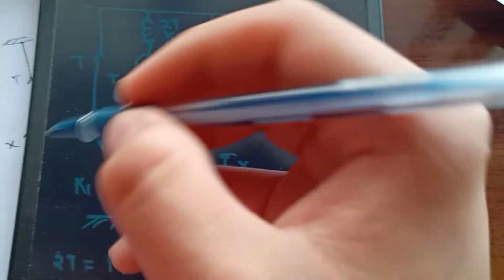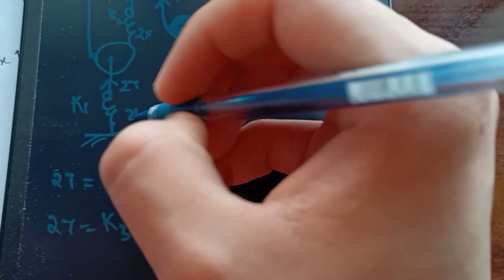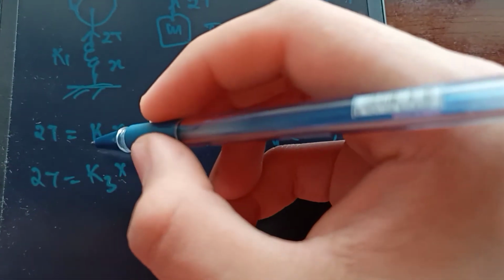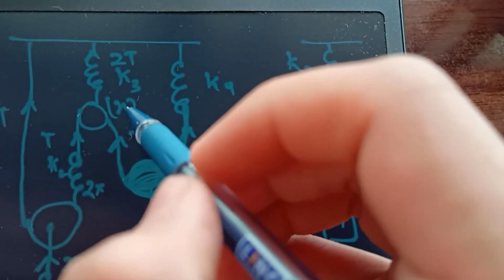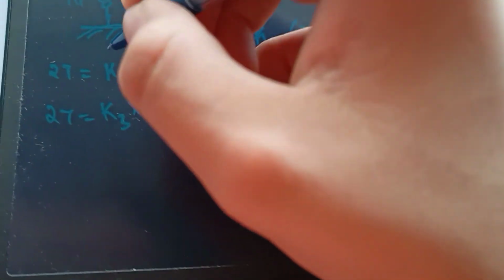Let us observe K1 and K3 similarly. In K1 there is a tension 2T and there is elongation x, so I have written 2T equal to K1 x. And for K3, which is this one, there is elongation x, tension 2T, so I have written 2T equal to K3 x.